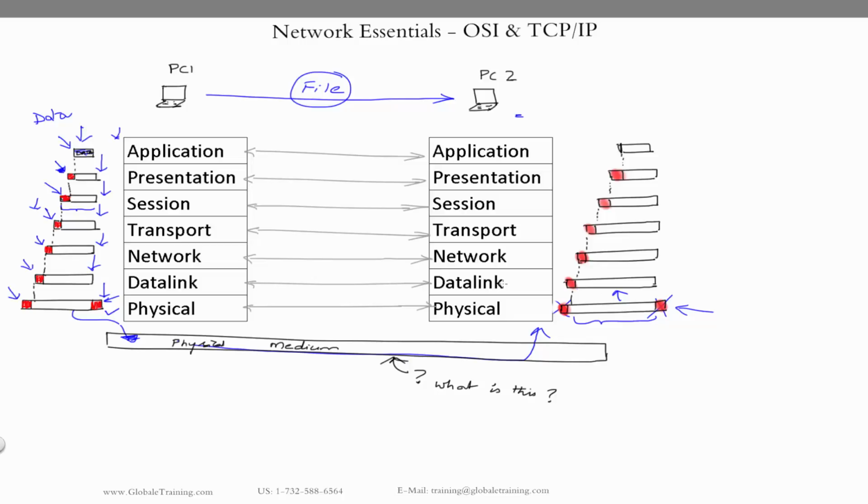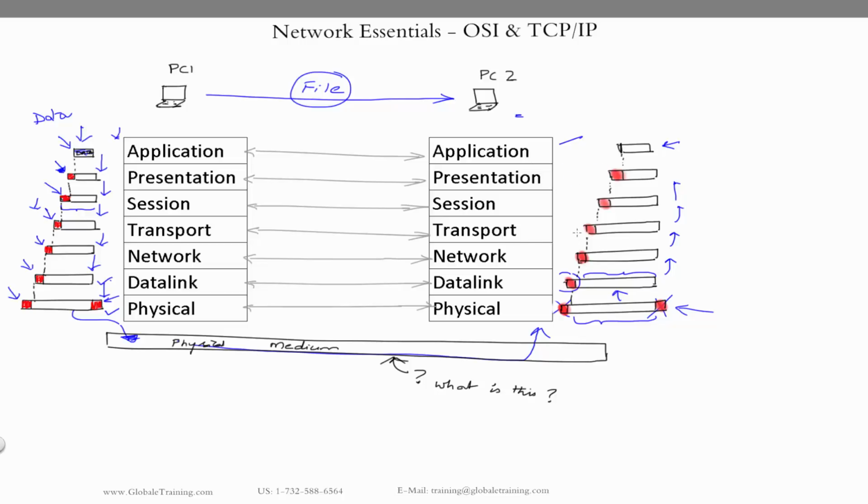Now when it is sent above, the data link layer will strip off the header added by the data link layer on PC1, and then the remaining portion is sent to the network layer. Same thing happens, and finally the packet is received by whatever is in the application layer. And we will take an example and talk about it.